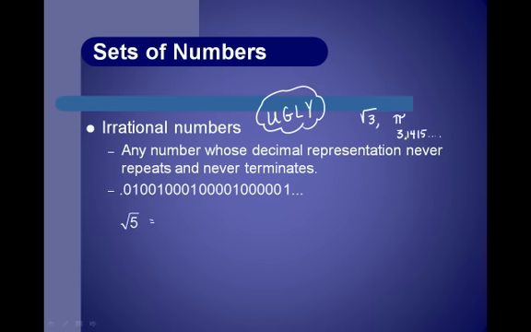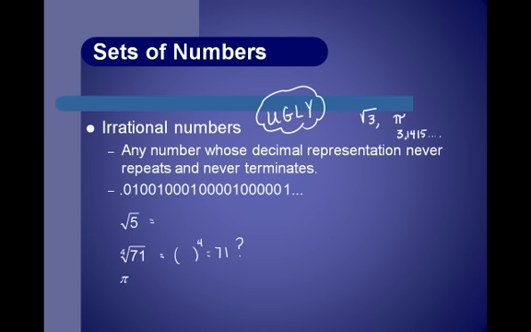Therefore, because it can't be written as a rational number, it's an irrational number. The fourth root of 71. The fourth root means, is there a number that times itself 4 times will give us 71? There's not. Therefore, the fourth root of 71 is irrational.